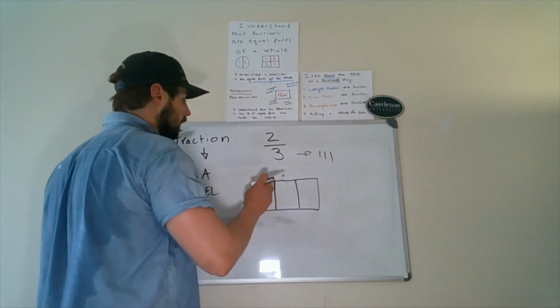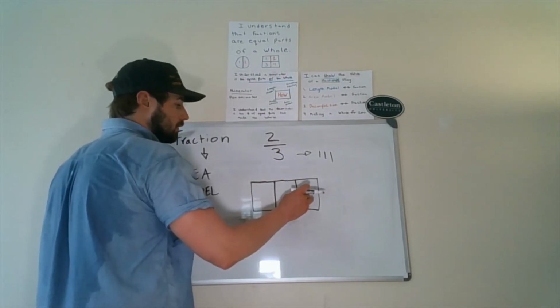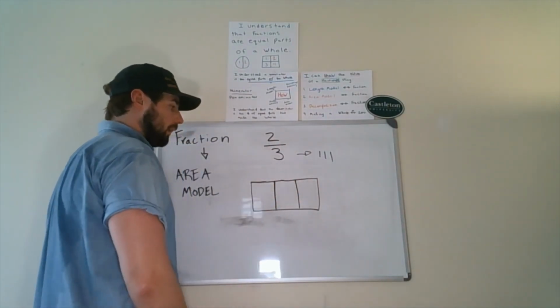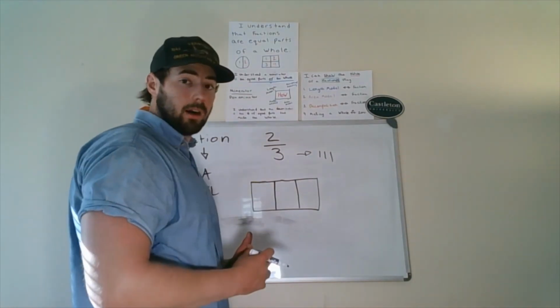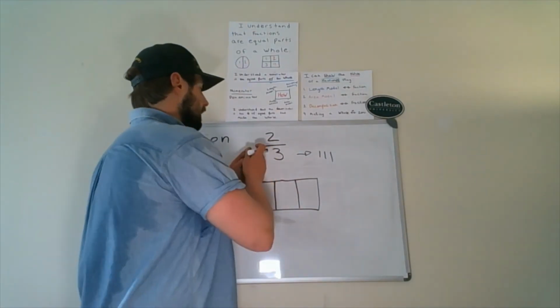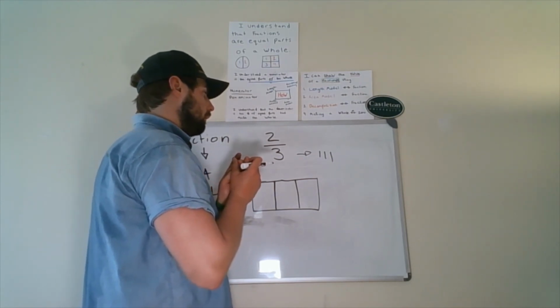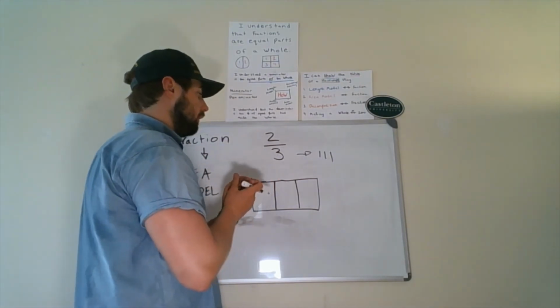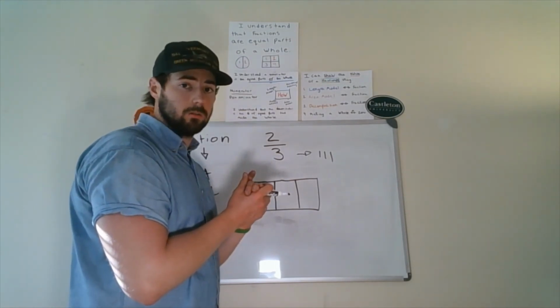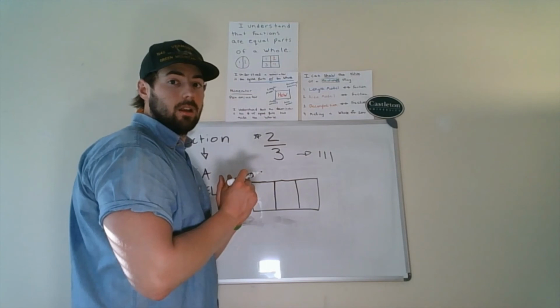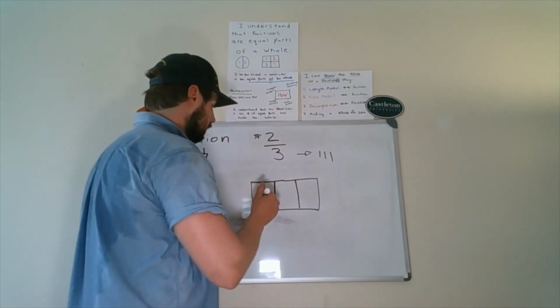Okay? So I made my parts to make this whole. This whole now has 1, 2, 3 equal parts. But how many parts are being represented in 2/3? What parts of 3 parts that make the whole? Gotta look at that numerator. 2.